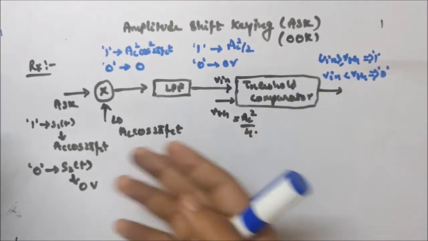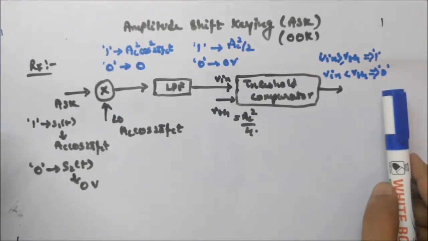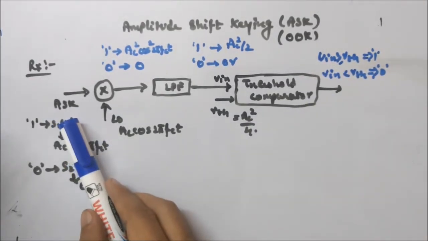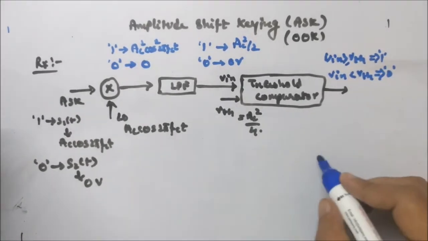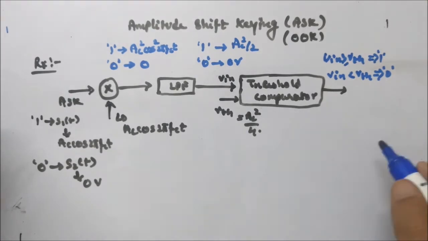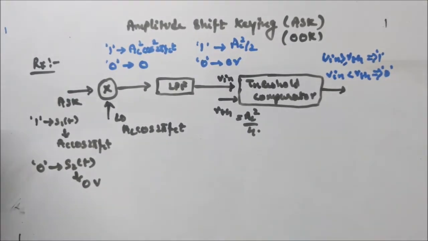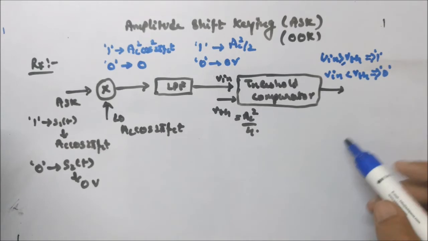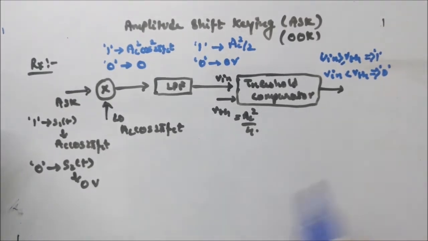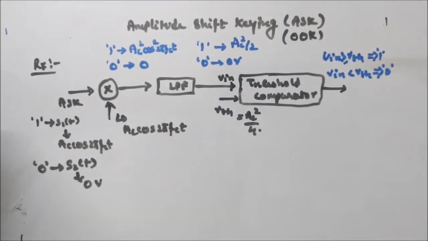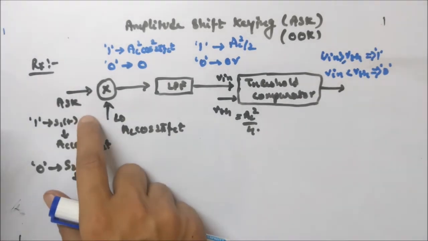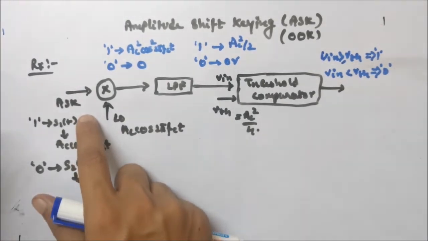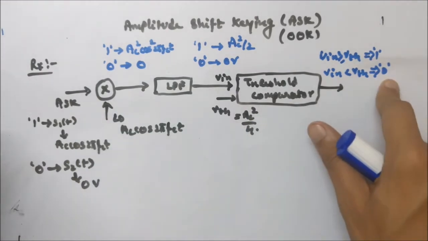That is how you decode bit 1 and bit 0 from your ASK signal. Then, the usual part: it goes through the encoder, then the decoder, and then the reconstruction filter, and you will get your analog signal back. But we are not interested in getting the analog signal back; we are just interested in getting our digital signal back from our modulated digital signal, that is ASK. So you got 1 and 0.